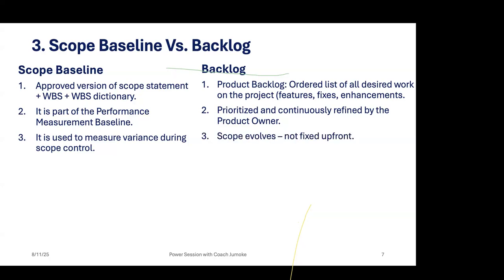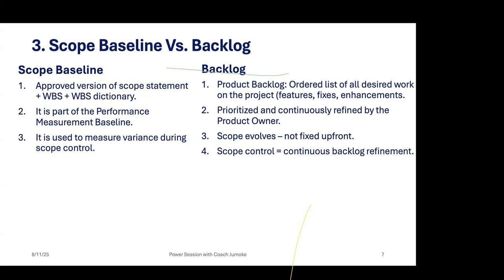It evolves, it's not fixed, and that is why you cannot plan extensively at the beginning of the project. So if you are reading a question and you see plan extensively or at the beginning of the project, no, it's not adaptive, it's predictive. So I hope you can distinguish scope baseline and product backlog now.